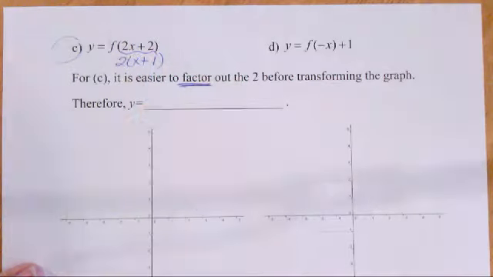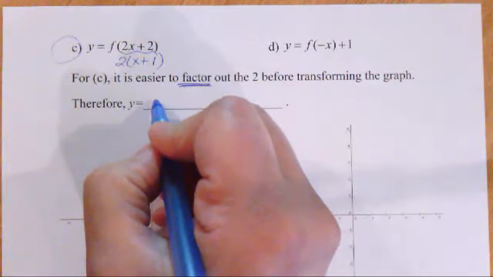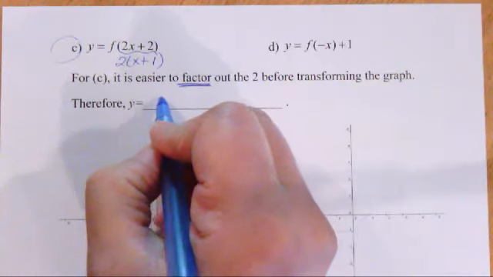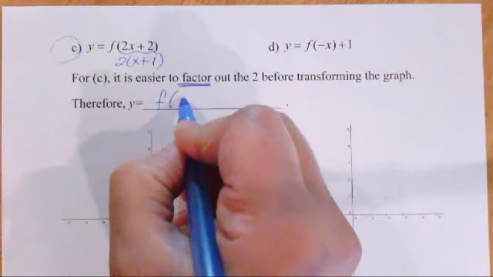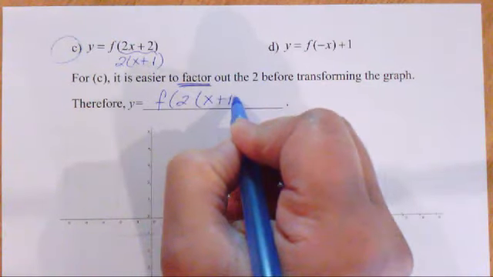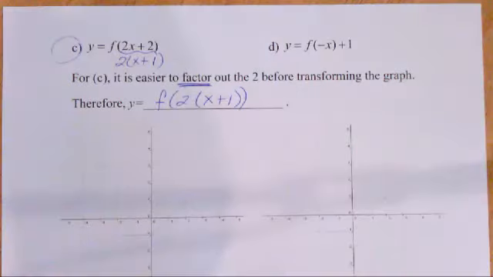You take this 2x plus 2 and factor it so that you've separated the b and then the x plus a number in a bracket. So this is what we're actually going to work with now: y equals f of 2 bracket x plus 1 close bracket.